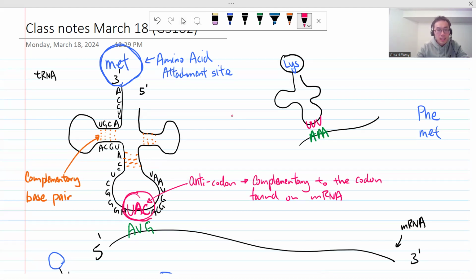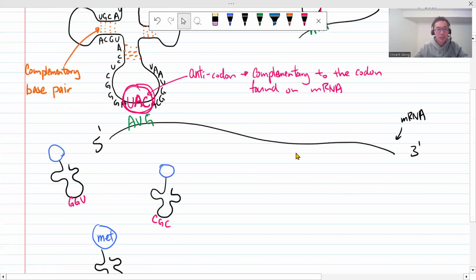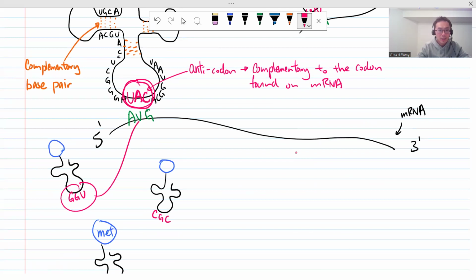Yeah, so this is the bottom part of the whole tRNA. You made it bigger, right? Yes, I just made it bigger. That's right. Does it make sense? Is that what you're asking me? Yes. All right.